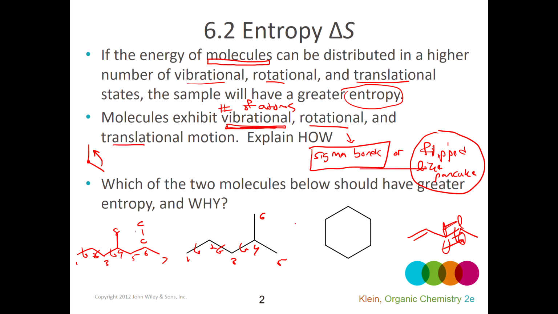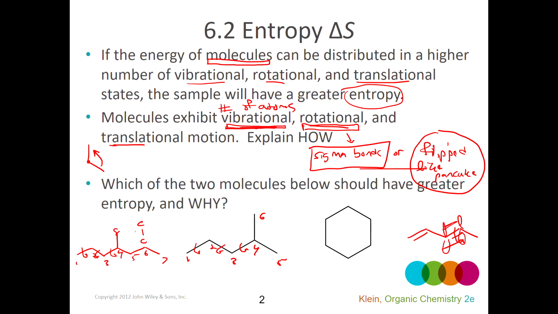So if we're looking at entropy in terms of rotational variety, we understand that chains that don't have restrictions to their vibration or their rotations in the form of double bonds or rings are going to have more entropy.